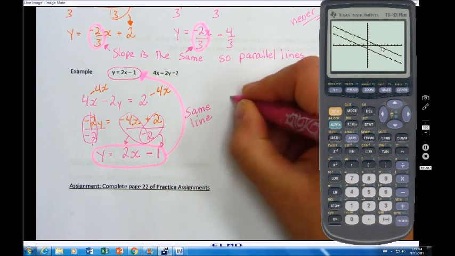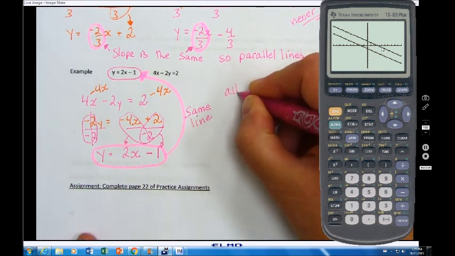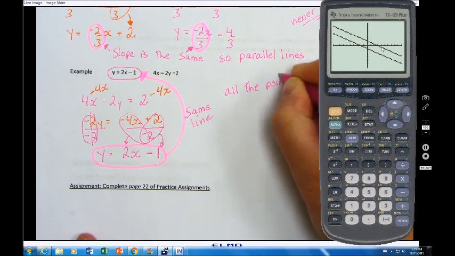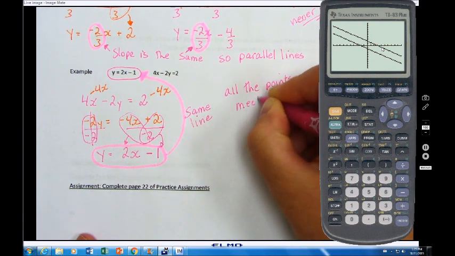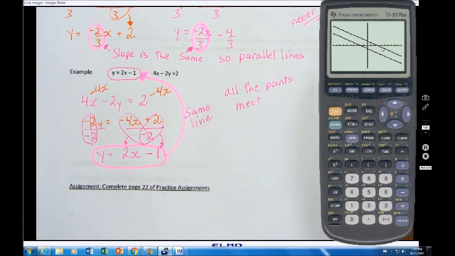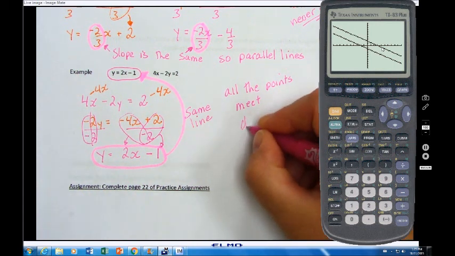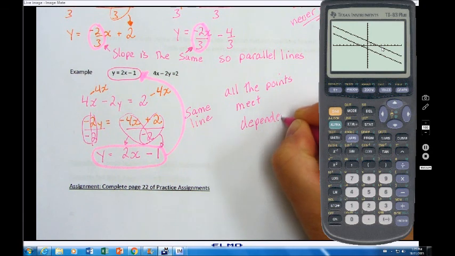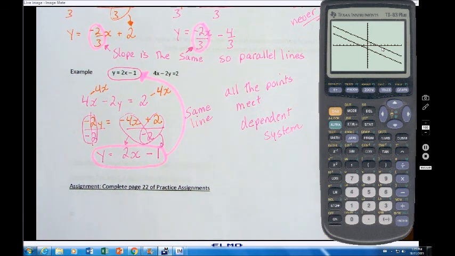So all the points meet, because there's just one line on top of the other. And this is what we call a dependent system. They just give them special names. So it's the same line, all the points meet. You can graph it, but you're just going to have one line on top of the other.